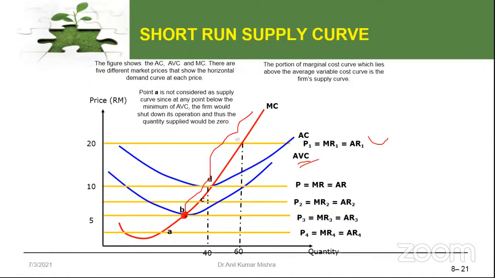In the same way, we can obtain the supply curve of the industry by horizontal addition of the supply curves of each and every firm. So from point b onwards, your marginal cost represents the supply curve.